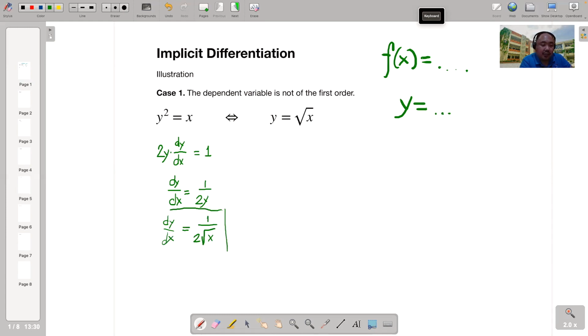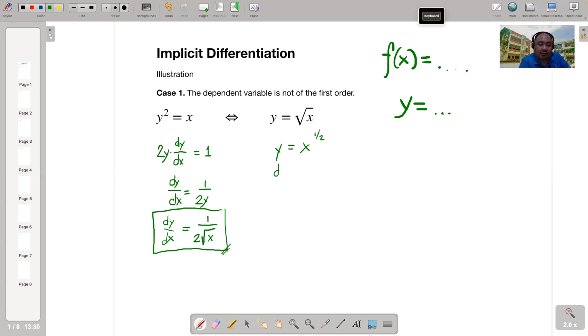On this side, we used implicit differentiation. Now, let's try to do this, supposing we didn't know what implicit differentiation is. So here you will get the usual y equals square root of x, which is x raised to the 1/2.